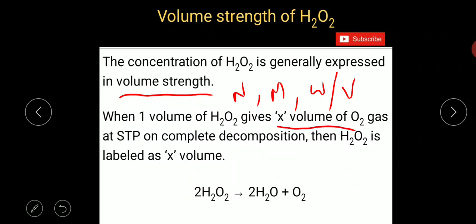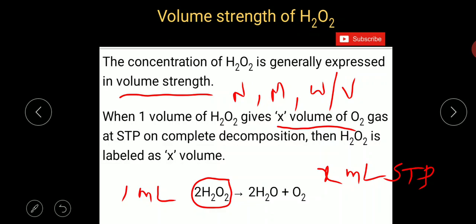In this reaction, 1 milliliter of hydrogen peroxide solution when decomposed gives X milliliters of oxygen gas at STP, then that hydrogen peroxide solution is labeled as X volume.